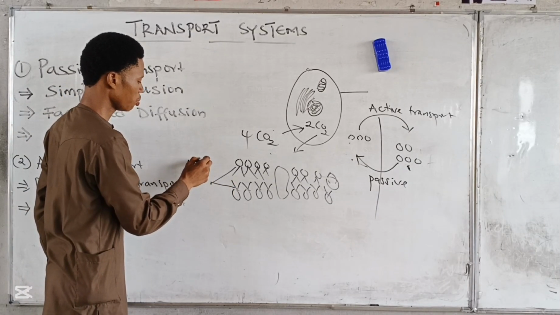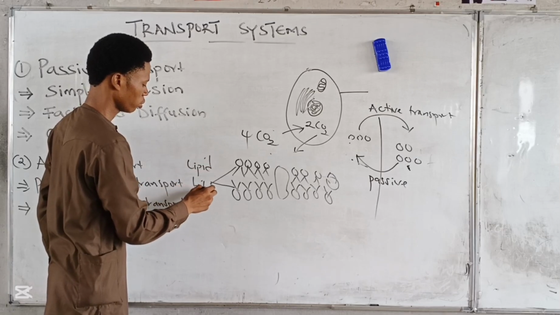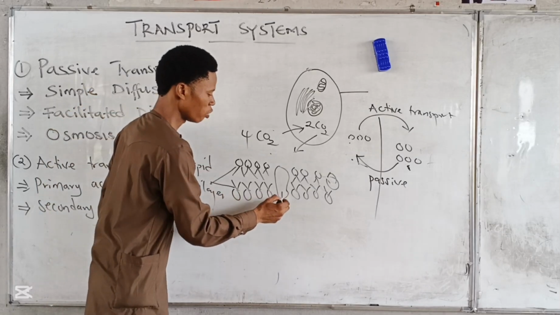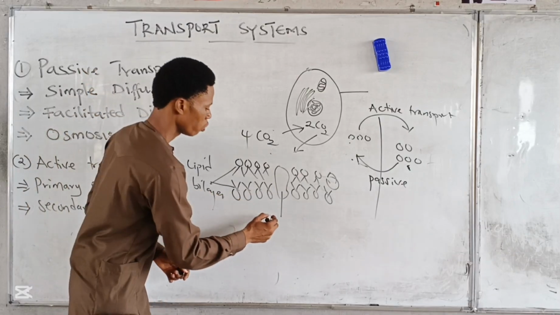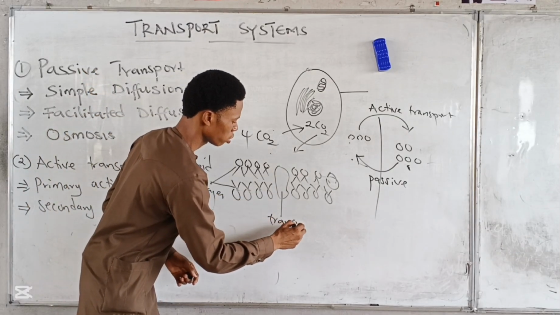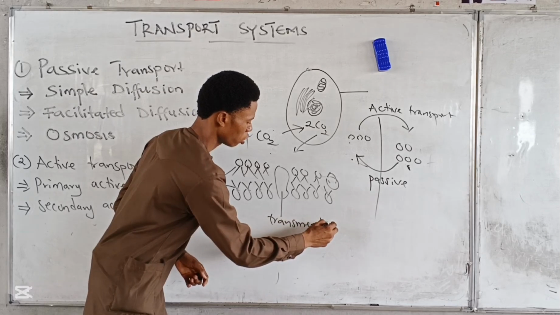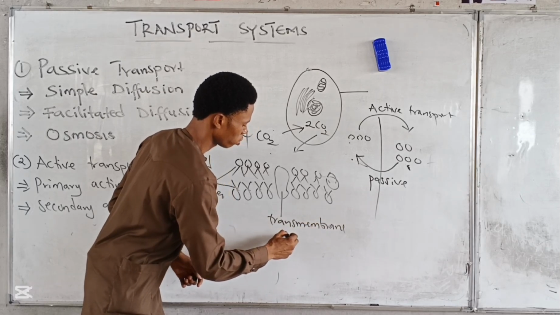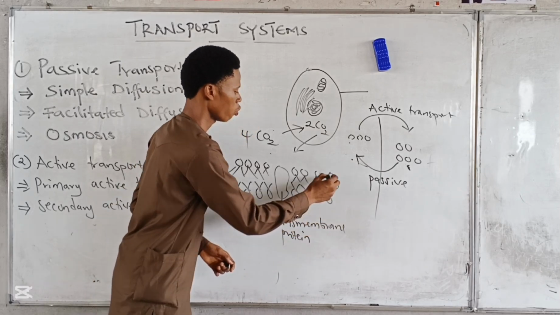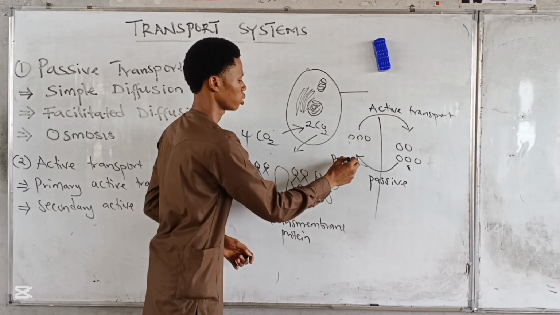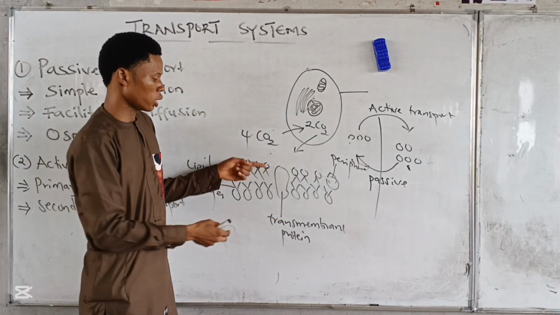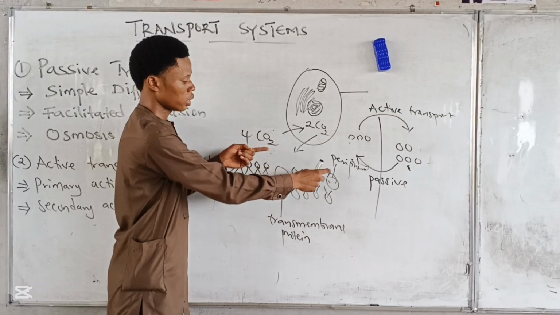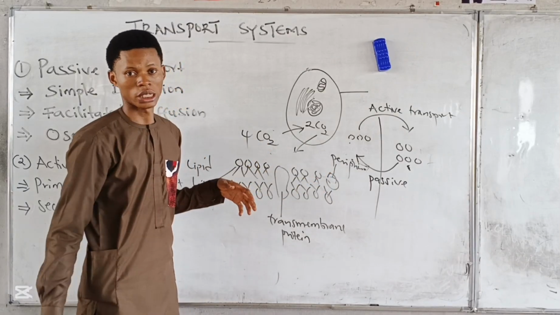Yes, lipid bilayer. And we have 2 types of proteins in the cell membrane. We have the transmembrane protein, or you call it integral protein, and we have the peripheral. The transmembrane protein traverses the 2 layers. The peripheral is just hanging on one side.